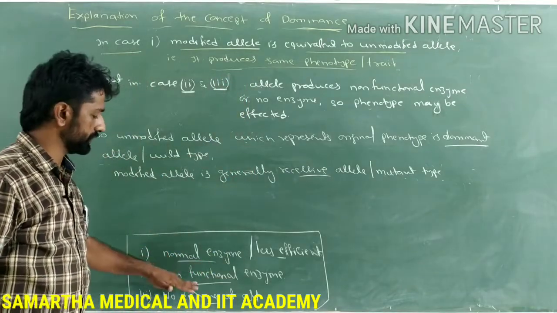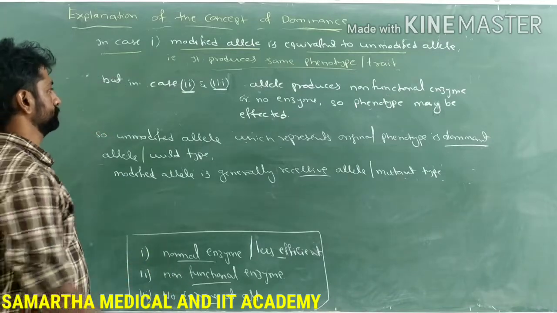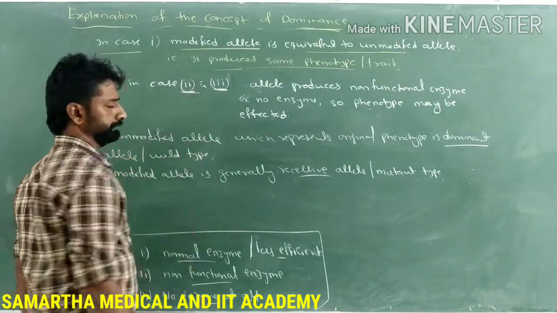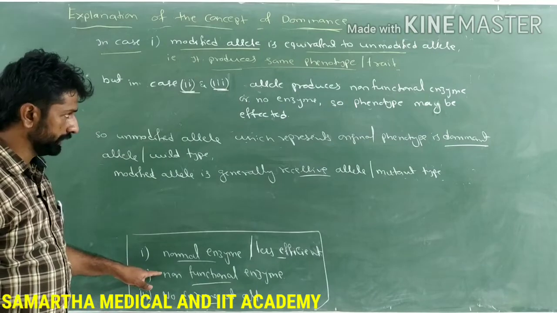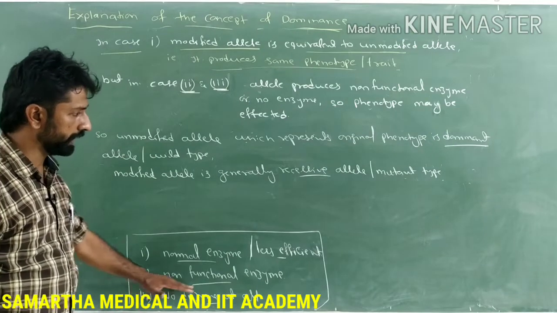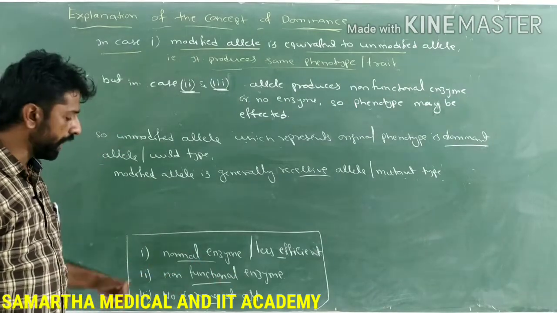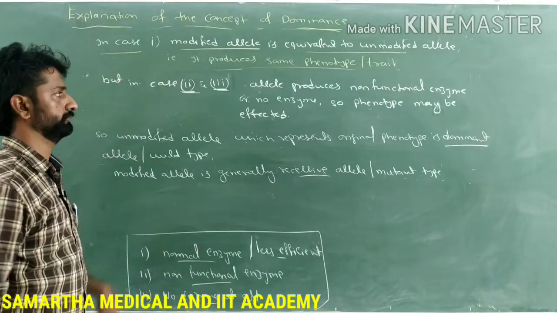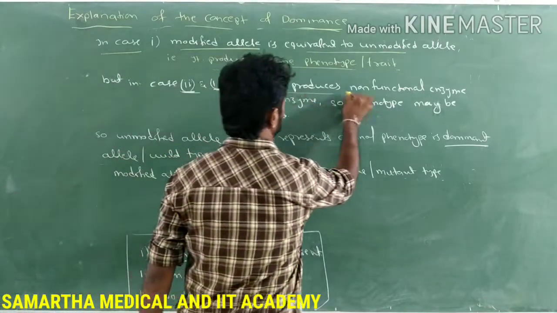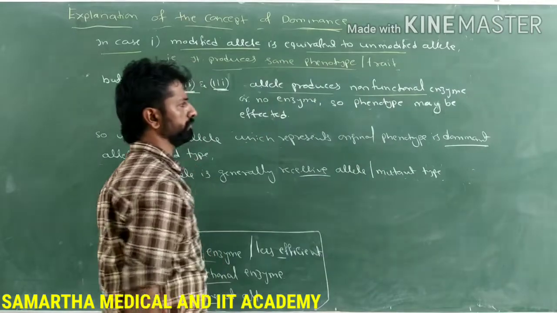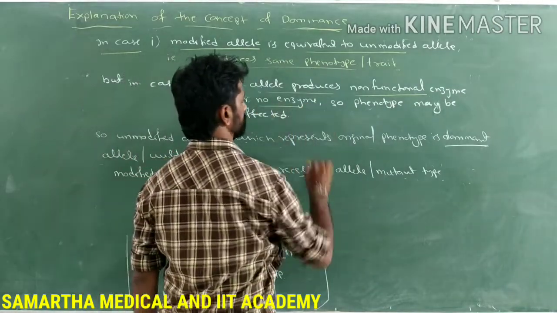But if you look at the second and third case, in case 2 and 3, what happens here? The allele produces a non-functional enzyme or no enzyme at all.